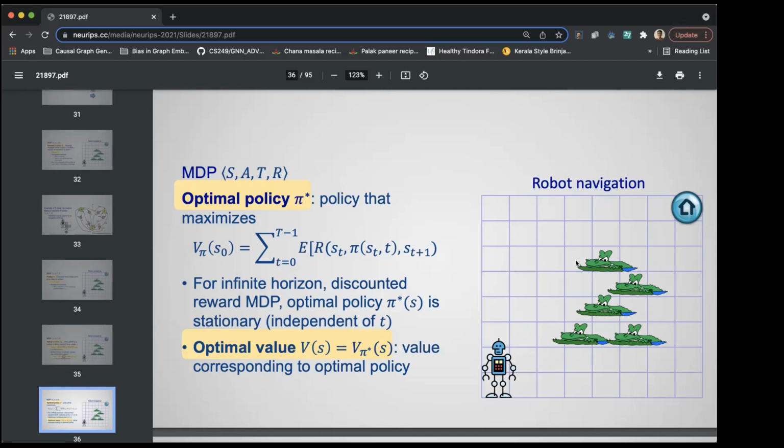So we want to be safe the entire time we take the shortest path, and we also want to find the path that gets us back home and gives us that reward of +100. Any policy that optimizes this value, the expectation of the rewards taken along this path with the given reward function, is going to be an optimal policy.